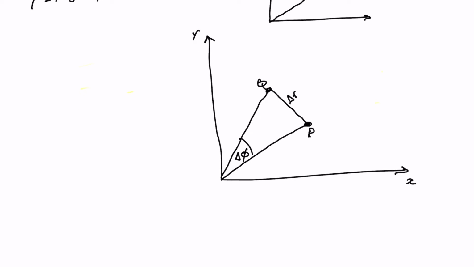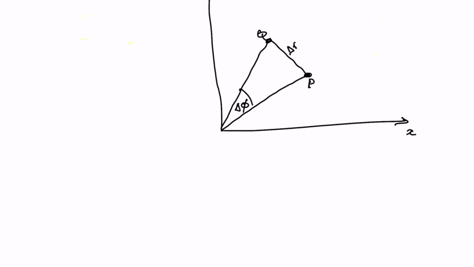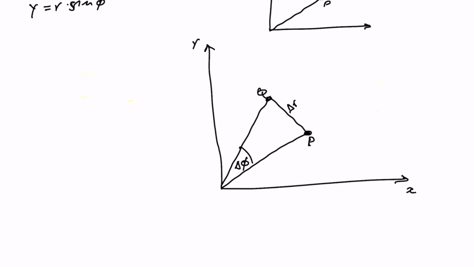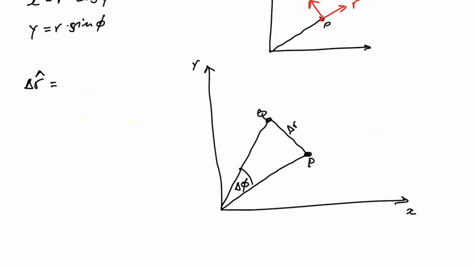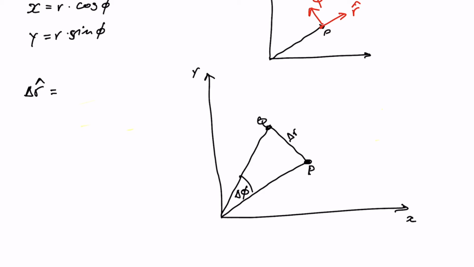Well, the first thing that we can do is write this delta r as an approximation, in units of direction. Delta r can be approximately written as delta phi in the phi direction.